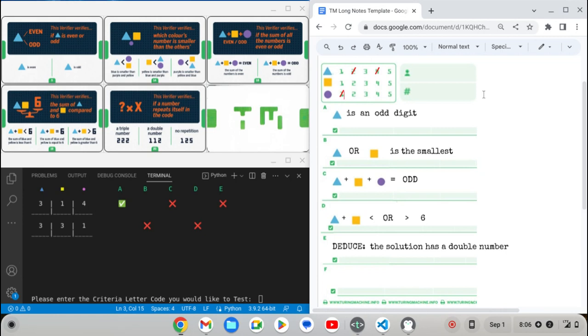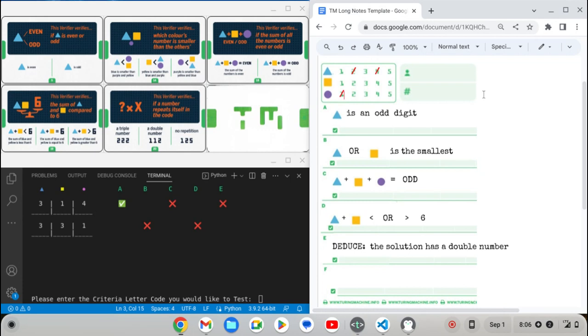So it looks like triangle 1 cannot work because you have too many ambiguous solutions that work for all the criteria cards.